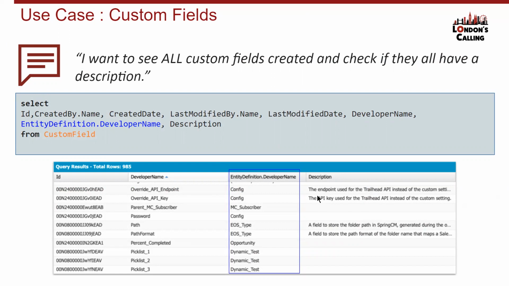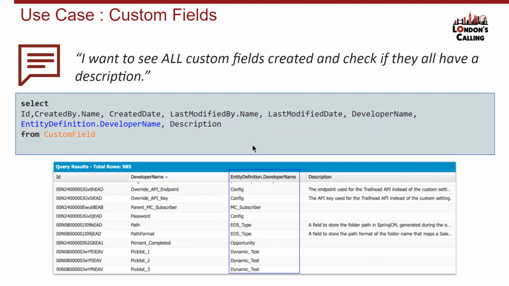Sometimes it's because the name of the field is very easy to understand. Sometimes it's just because the creator of the field was lazy, so you can really ask him to do something because you want the description to be set. If you want the creator of the field, you just have to add CreatedBy.Name, and you will have the name of the person that created the field.